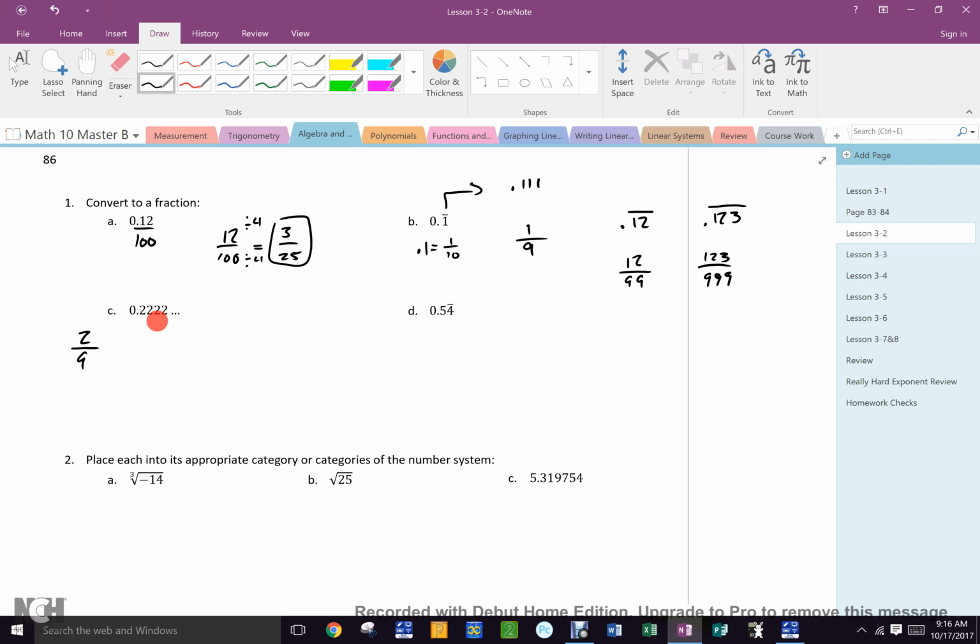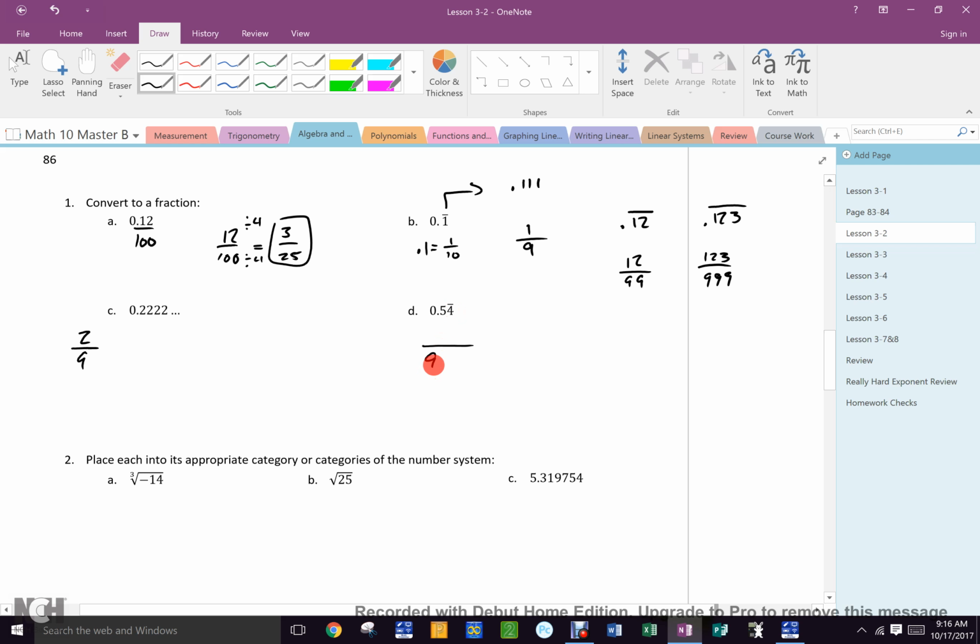All right. Now look at D. D is very tricky. What repeats? The 5, the 4, or both? Just the 4. You guys are smart kids. A repeater means it's got to be over 9, yes? Because 0.1 repeating was over 9, 0.2 repeating was over 9.